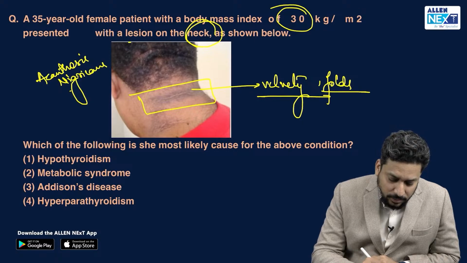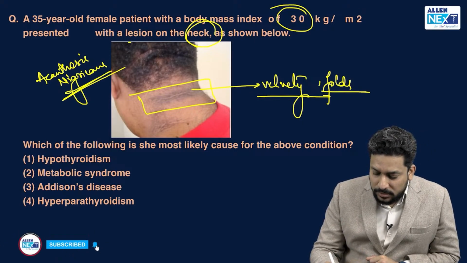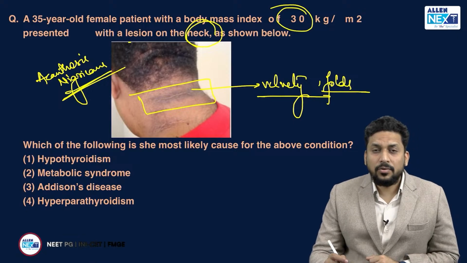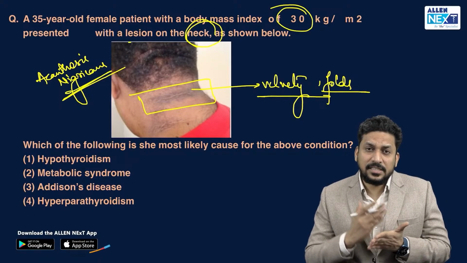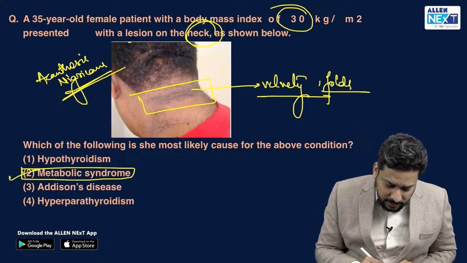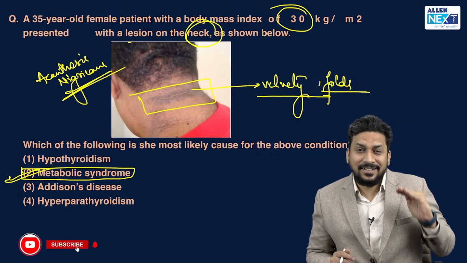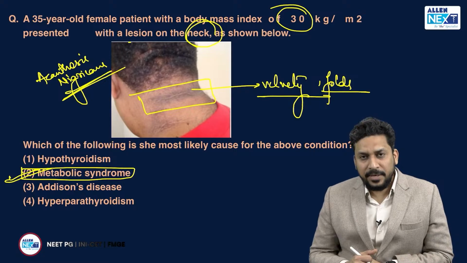Which of the following is the most likely cause of the above condition? So the most likely cause is obesity, and all of you know insulin resistance and obesity is associated with metabolic syndrome. So the answer here is metabolic syndrome because there is underlying insulin resistance and the patient is obese with high BMI.